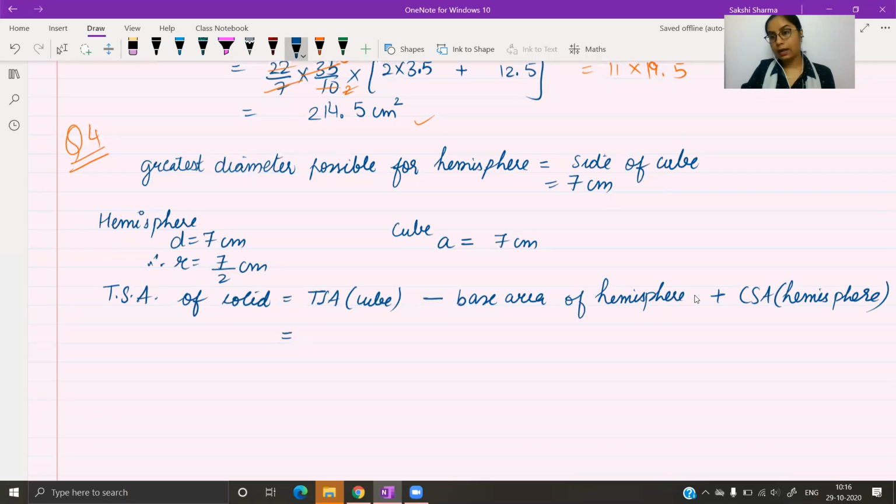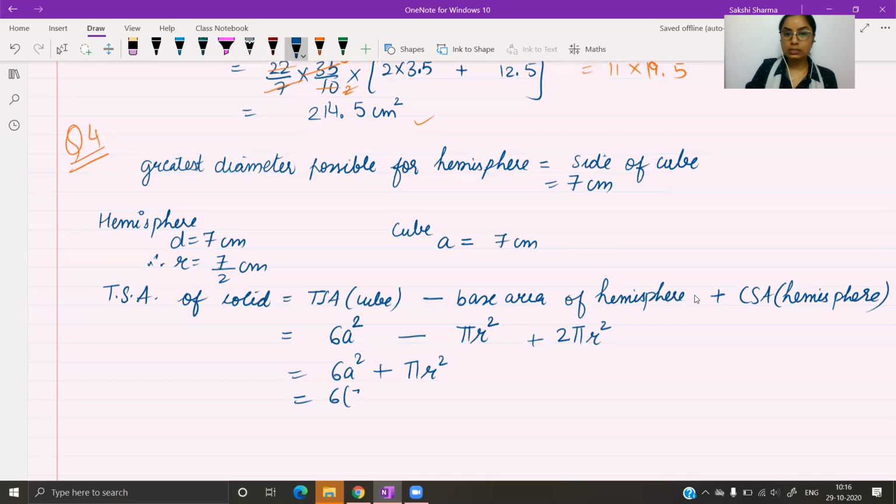The things to be added can be listed first. Total surface area of the cube will be 6a square. The base area of the hemisphere will be pi r square. Then the curved surface area will be 2 pi r square. From here, you have 6a square plus pi r square. And now you can substitute the values. So 6 times 7 squared plus 22 by 7 times 7 by 2 squared.